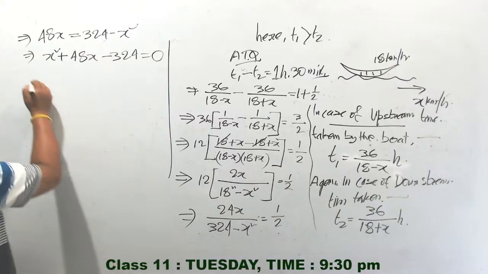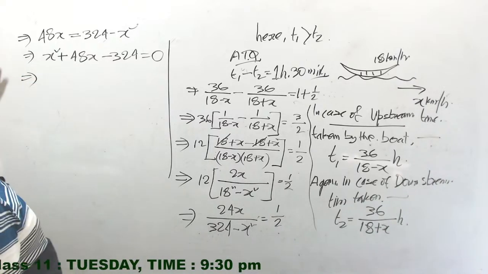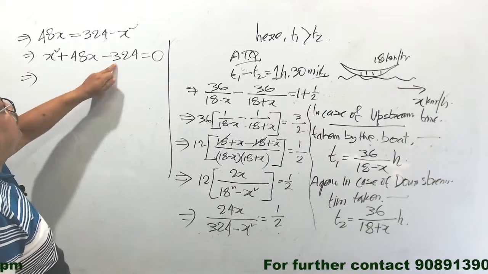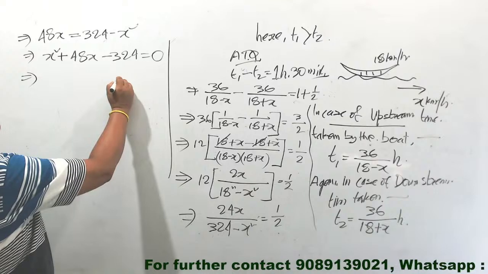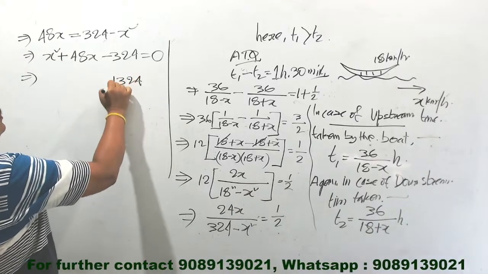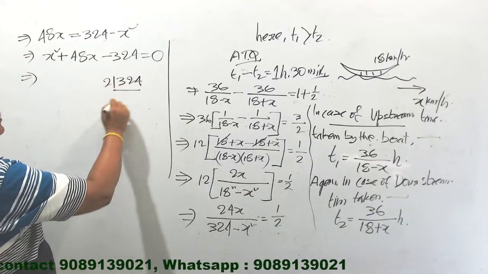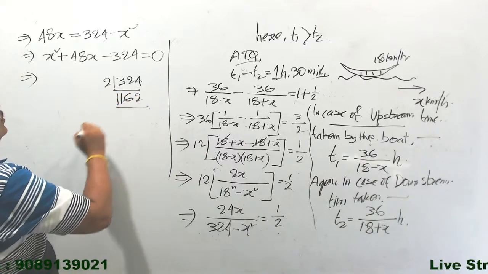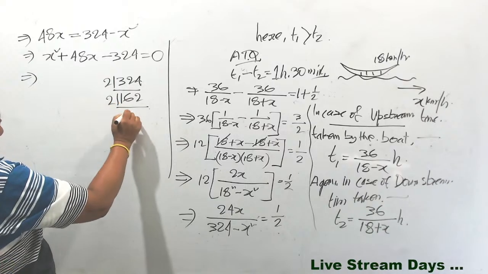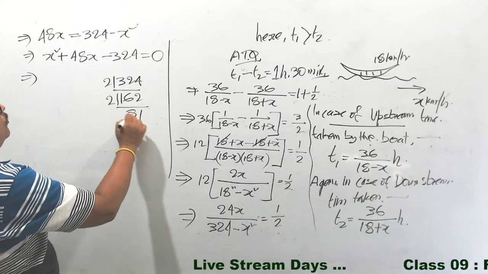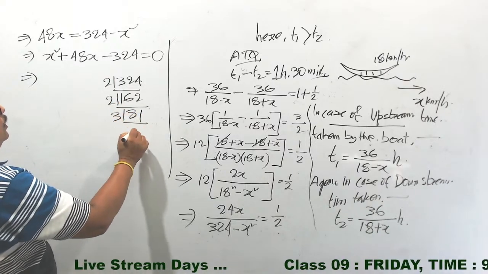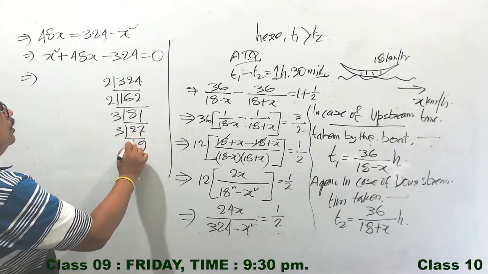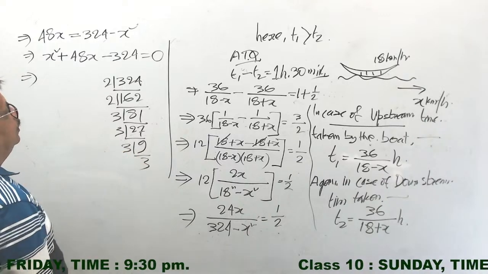Now, how will you solve? Factorize 324. 2 1s are 2, 2 6s are 12, 2 2s are 4, 3 27s, 3 9s, 3 3s.